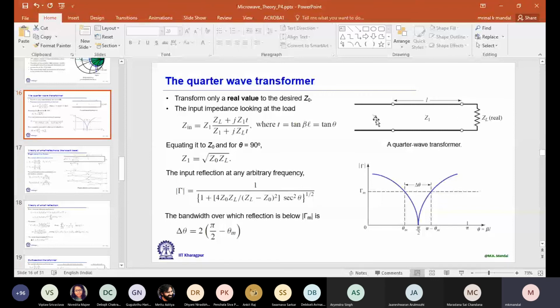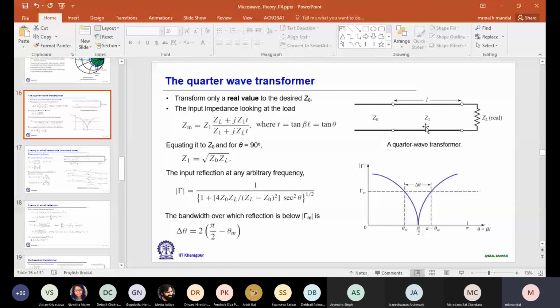For this network, we can calculate what Z in is. You use the formula Z naught, then (ZL plus jZ naught tan theta) by (Z naught plus jZL tan theta). But here, since we are using this section in between, instead of Z naught, now we have to consider Z1 of the transformation.